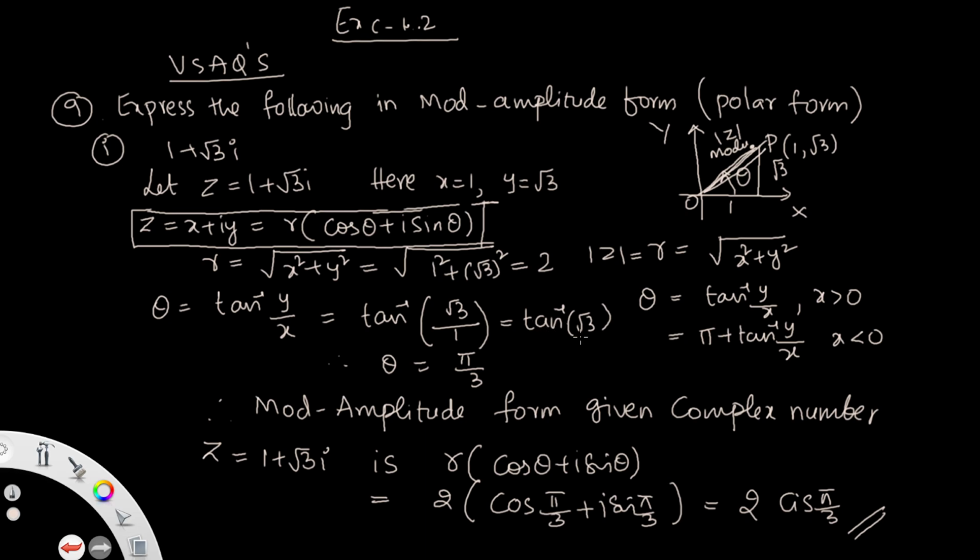This is the formula for theta: if x is negative, theta equals pi plus tan inverse y by x; if x is positive, theta equals tan inverse of y by x. In the same way, solve the questions given. Ninth bit, second problem, very easy method.